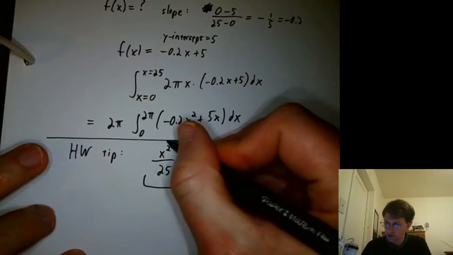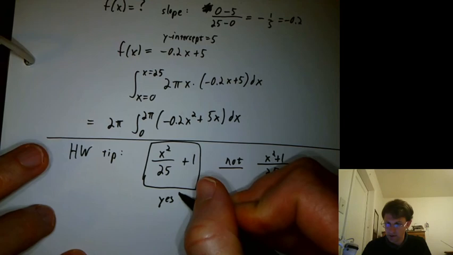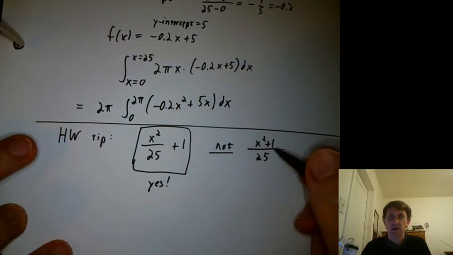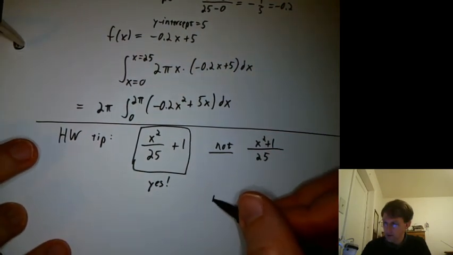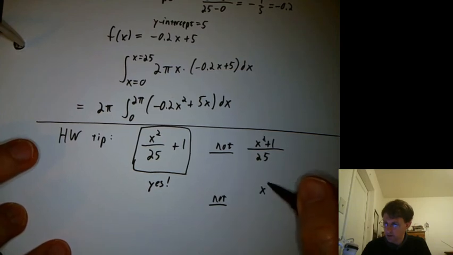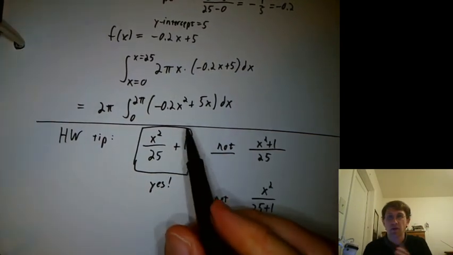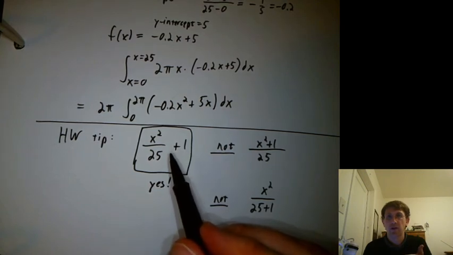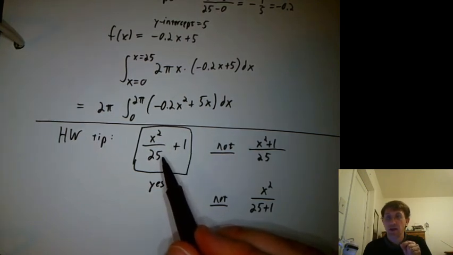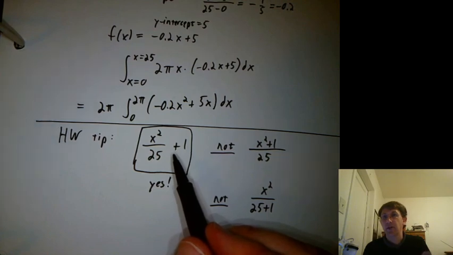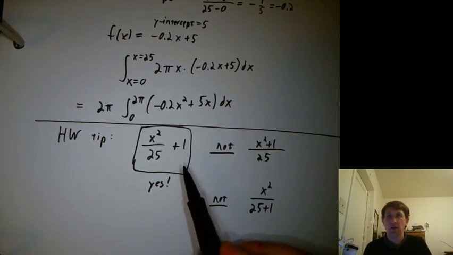So I'll say this one is a yes. It's not that, and it's also not x squared over 25 plus 1. If you think about order of operations the way the problem is given, the 25 is in the denominator, and then the plus 1 happens after the division, because multiplication and division come before addition and subtraction.